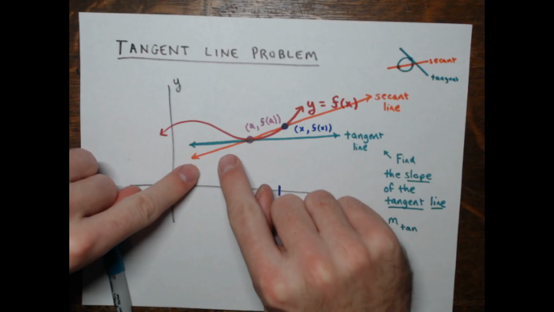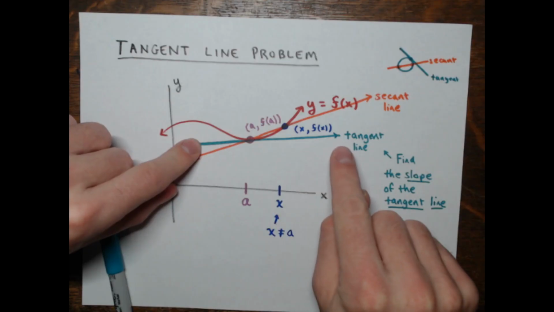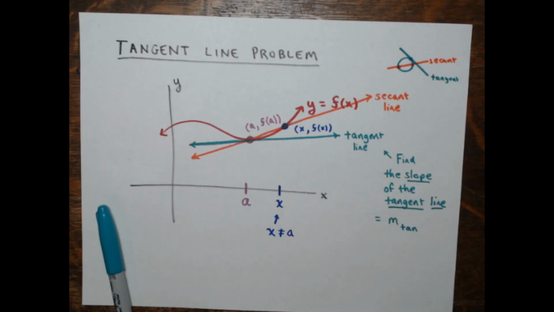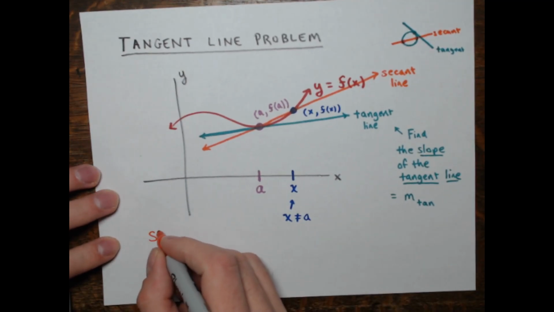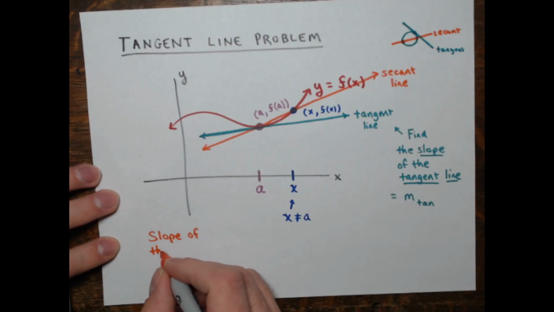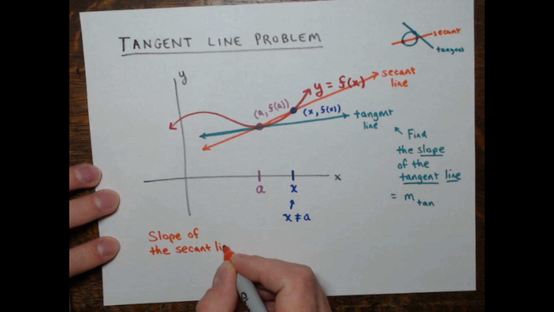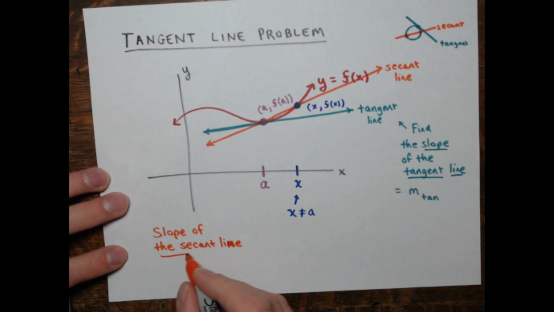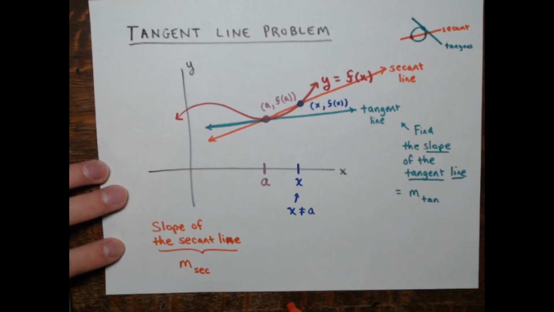Well, do you see how the secant line is an estimate of the tangent line? So the slope of the secant line that I just drew, this will be represented by m with a subscript of sec for secant.